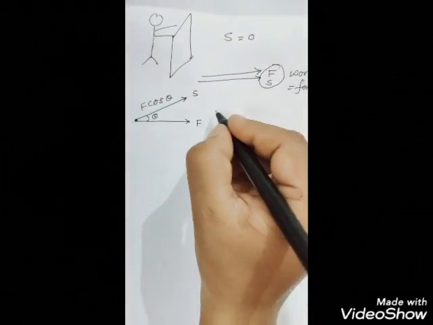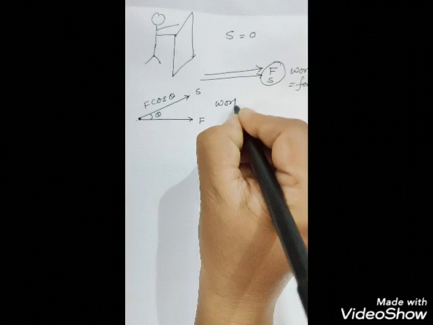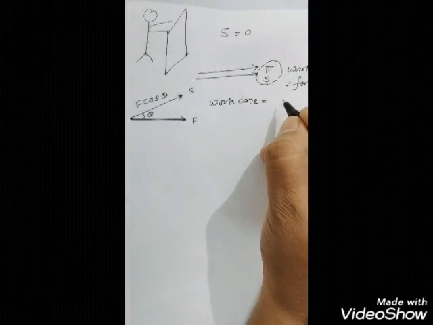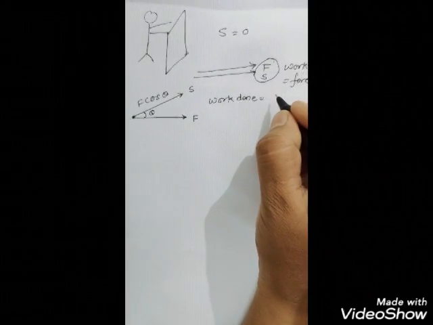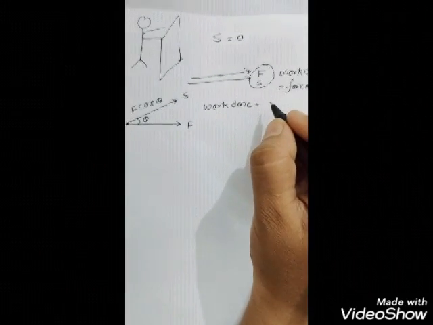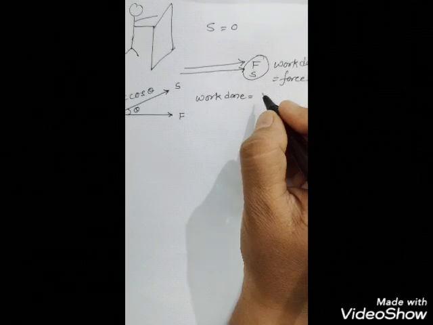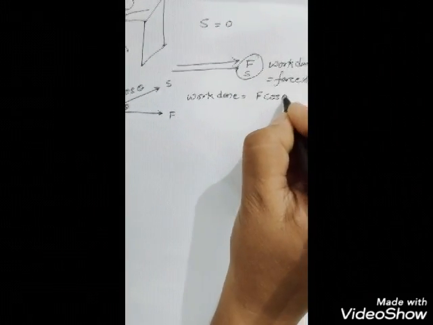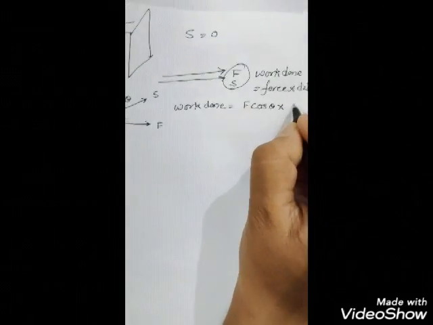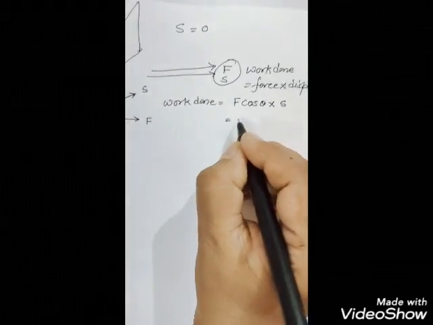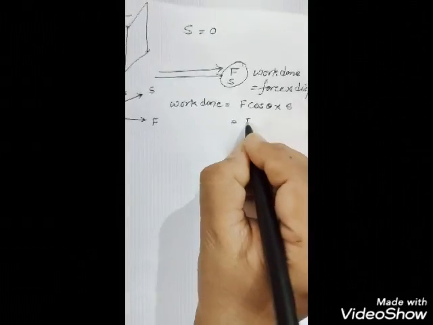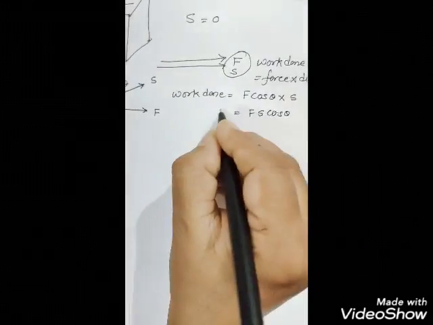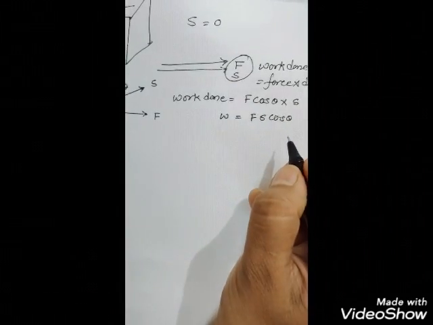That means if we are calculating the work done in that situation, we can say force multiplied by displacement, but this time the force working in the direction of displacement is F cos theta and the displacement is S. So this is F cos theta times S, or simply you can say Fs cos theta. So work done is equal to Fs cos theta.